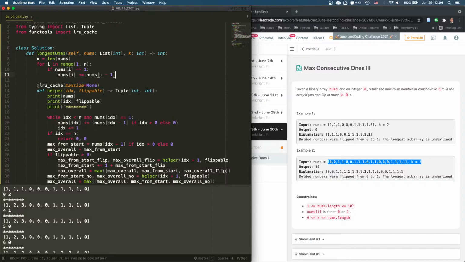We can do that increment, and if it's not, then we don't do anything.